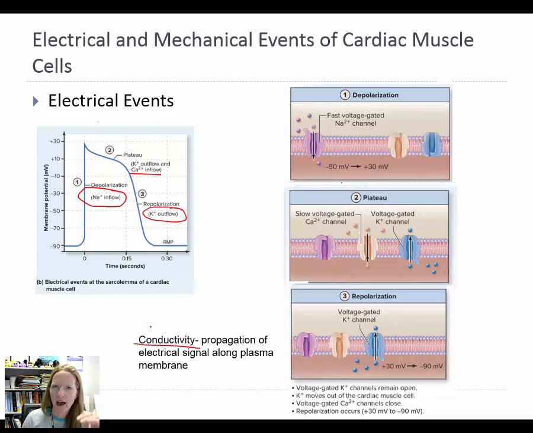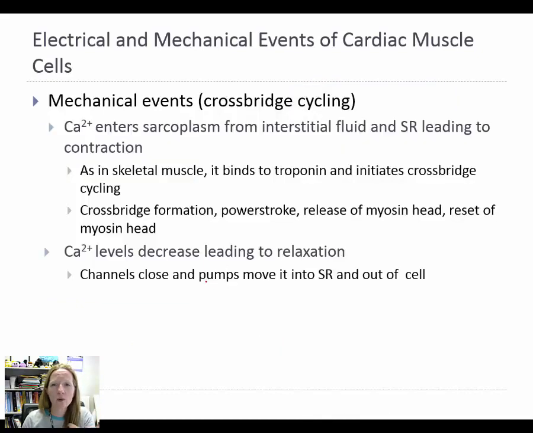So now the main thing that this electrical event did was to release that calcium, if you remember that from 2401. Because why we need calcium is because we need it to do this. You guys remember that? Binding to troponin, and that is going to be what initiates that whole cross-bridge cycling.